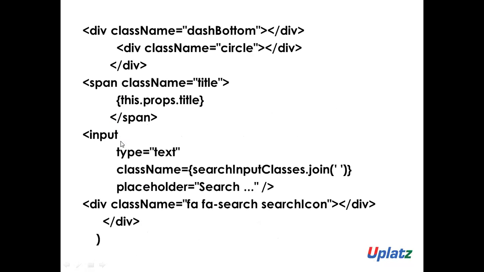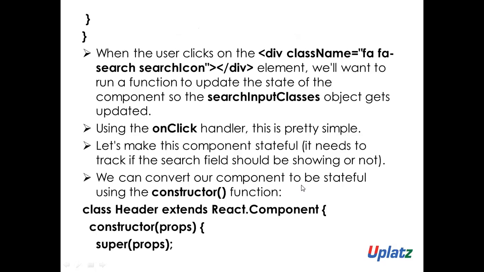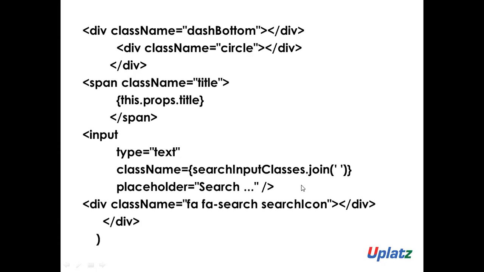In my input I have type text. The className would be searchInputClasses.join, which means whatever text needs to be typed in that particular box will get appended to that particular text field. That is what it actually means. And then I have an icon which I have already explained.